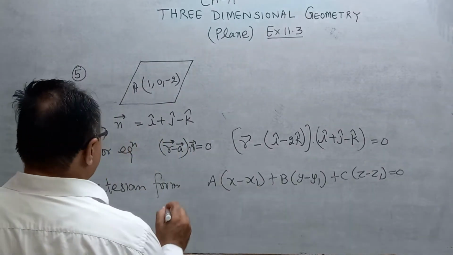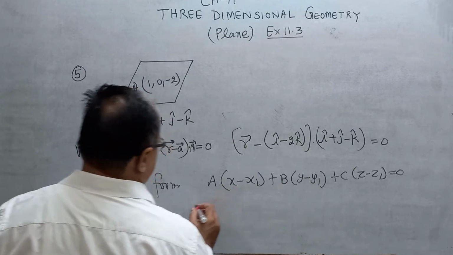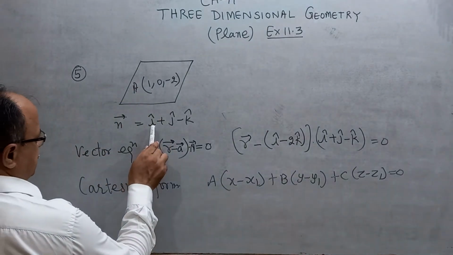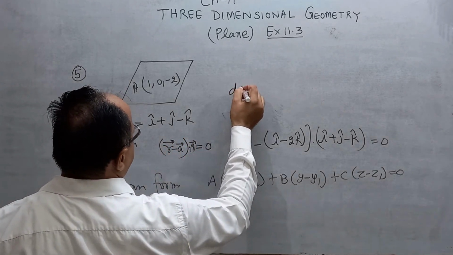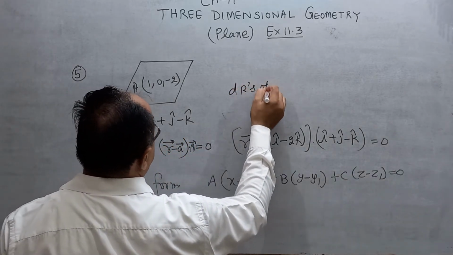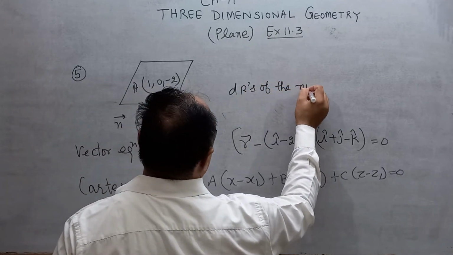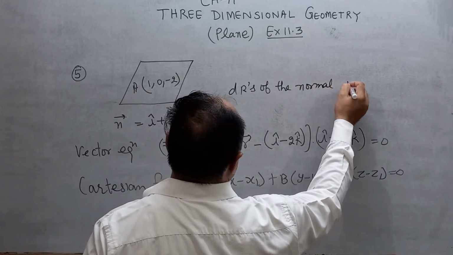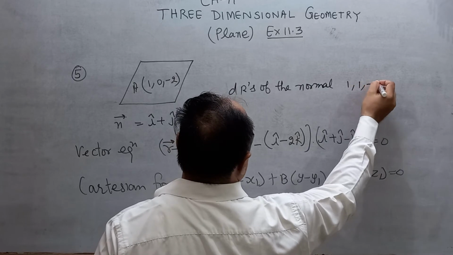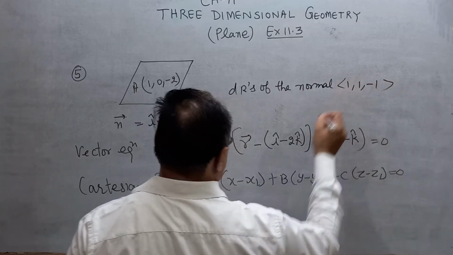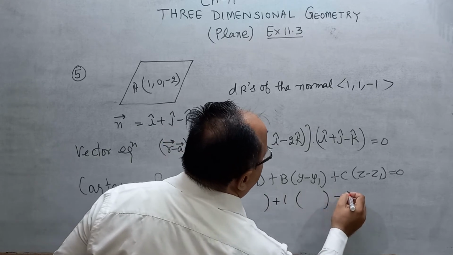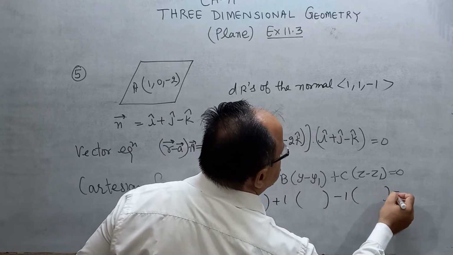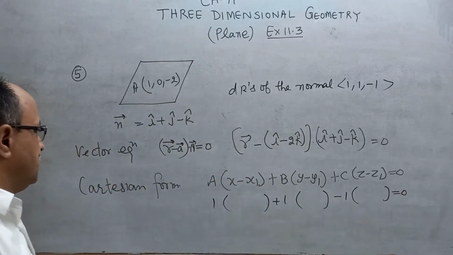Now, the direction ratios of the normal are 1, 1, minus 1. Clear?